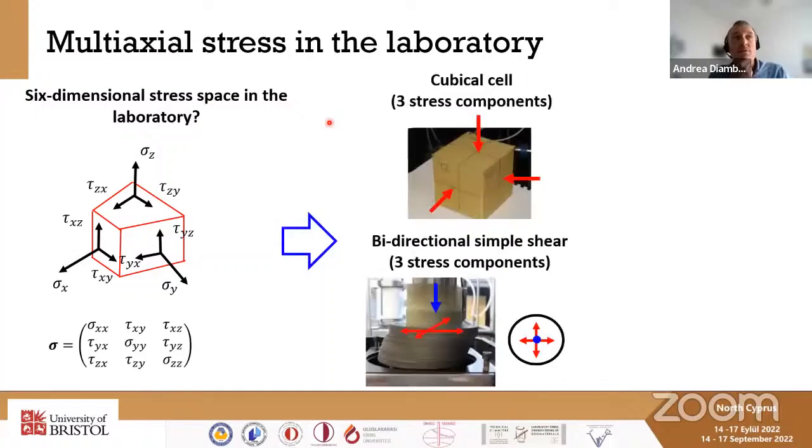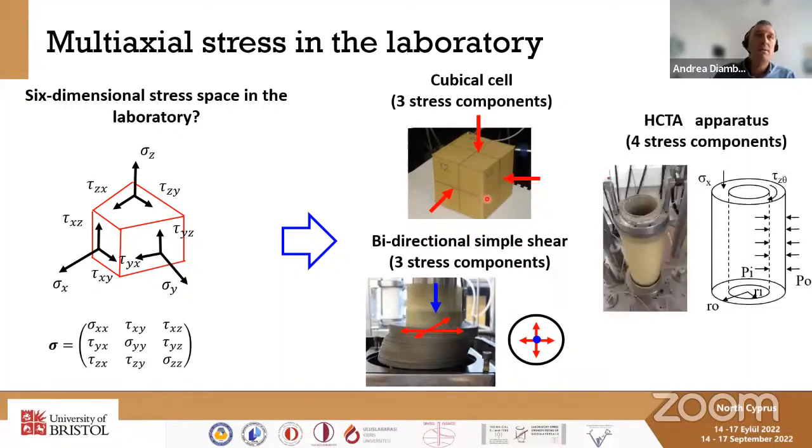We can use, for example, the cubical cell or the bidirectional simple shear, of which we have seen an example in the recent lecture, where we can control 3 stress components. But we can do something more by going to the hollow cylinder torsional apparatus, where we can control 4 stress components.